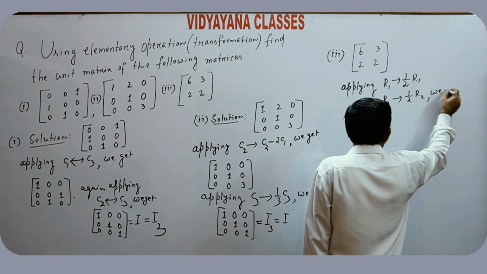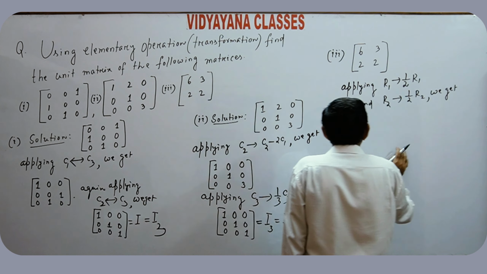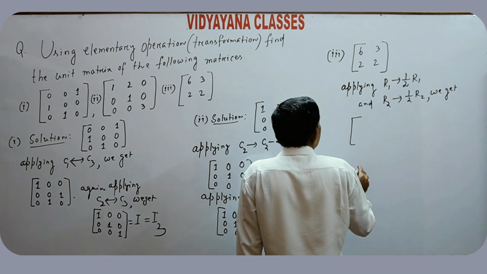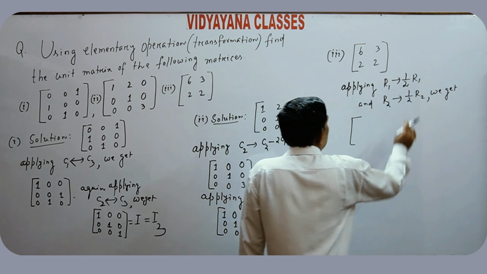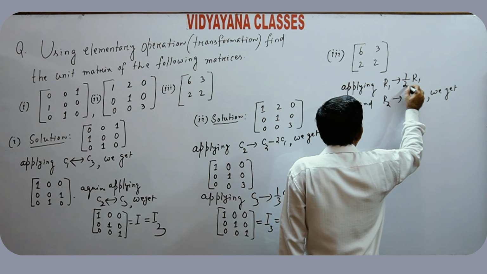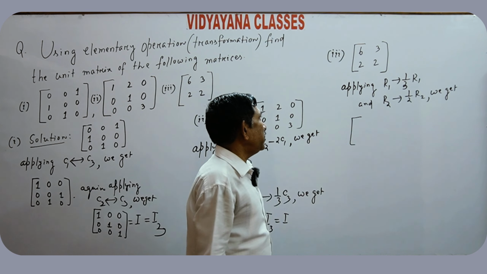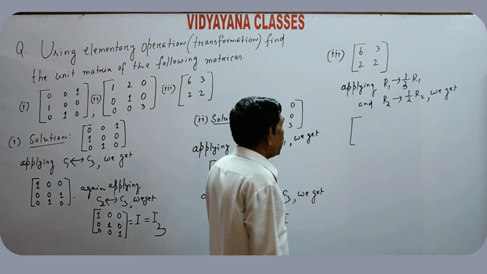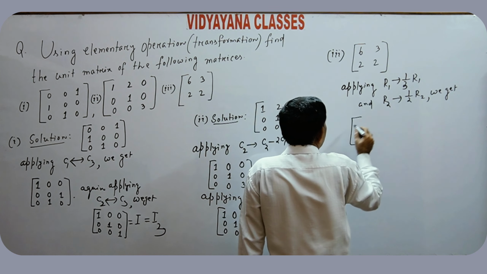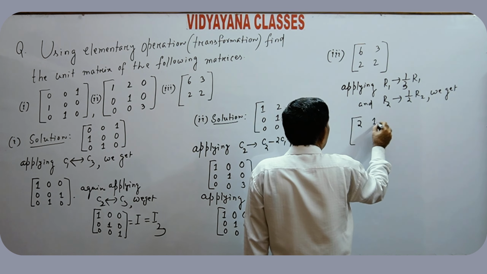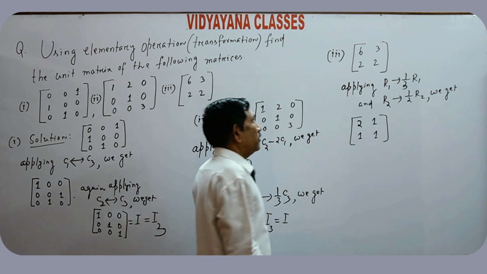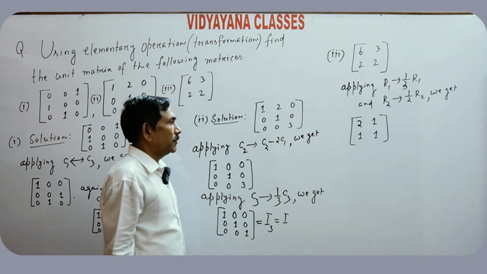We get the matrix having elements: row 1 is replaced by 1 by 3 row 1, which gives 2 1. It is 1, it is 1.